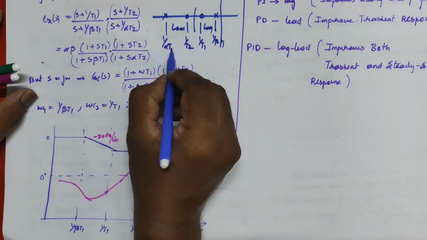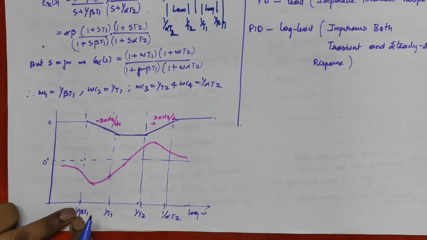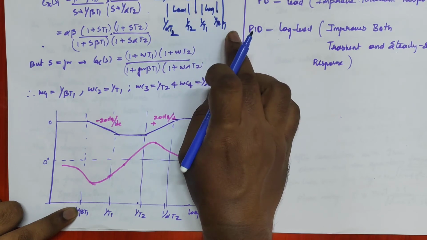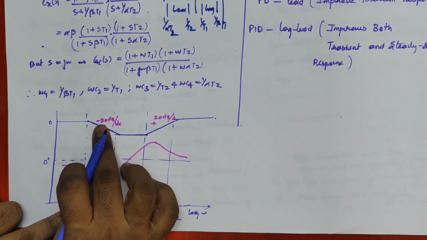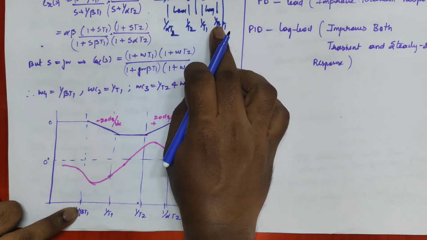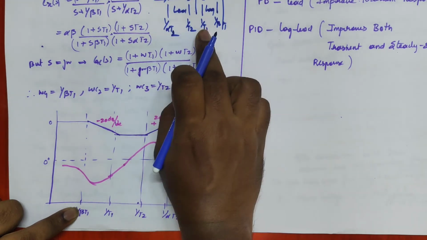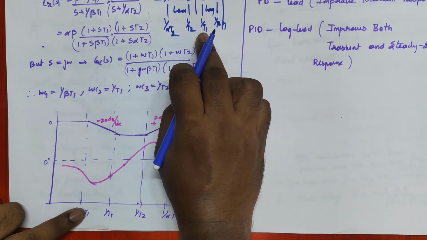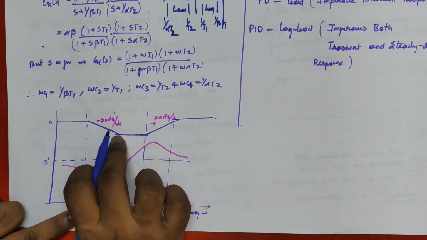At 1 by beta T1, a pole is added, which gives minus 20 dB. Up to 1 by T1, now a zero is added, minus 20 dB is nullified by plus 20 dB, and you get a straight line.